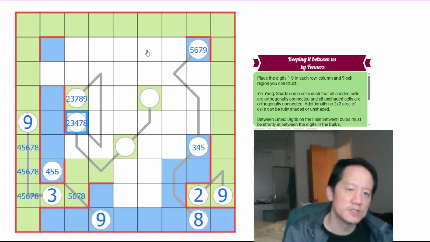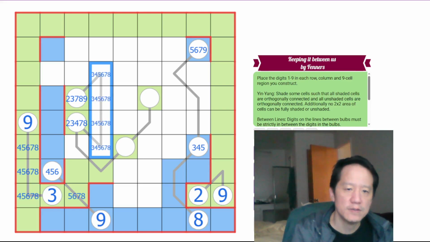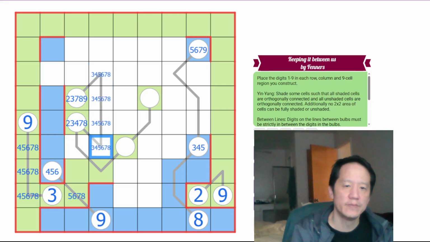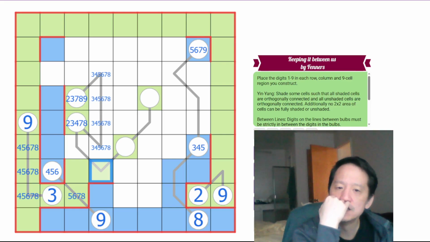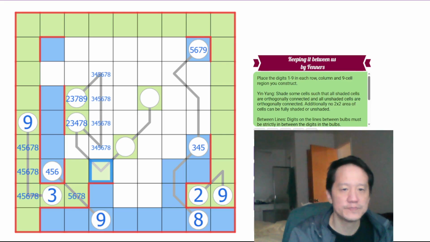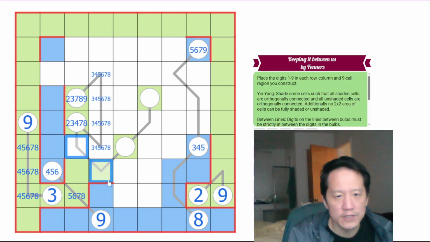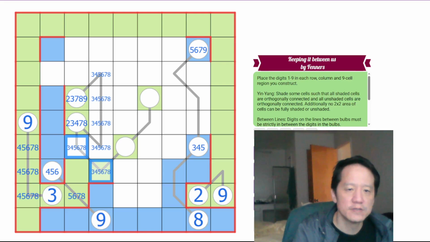So these digits have to be 8 through 3, right? Well, all the digits that are in between lines have to be 8 through 3. Right, so these are 3 through 8.